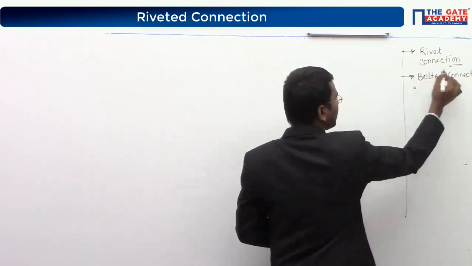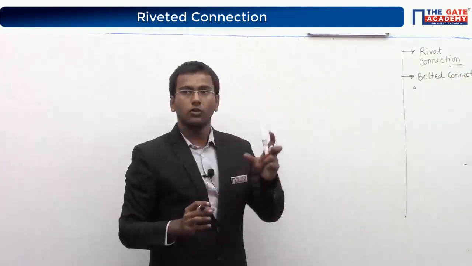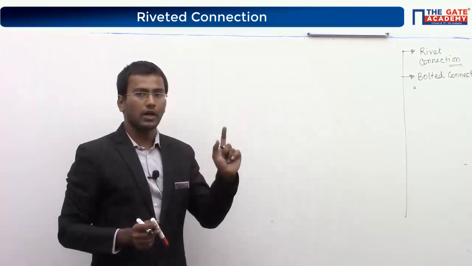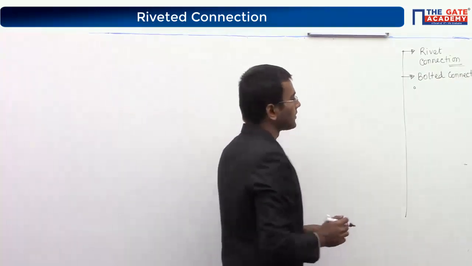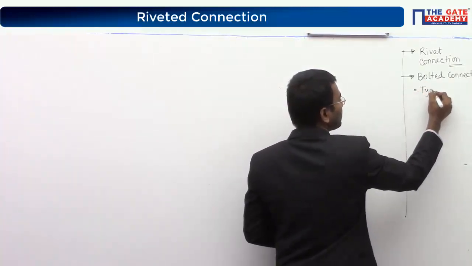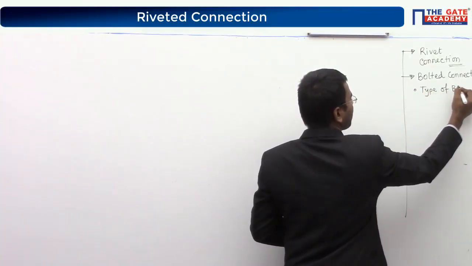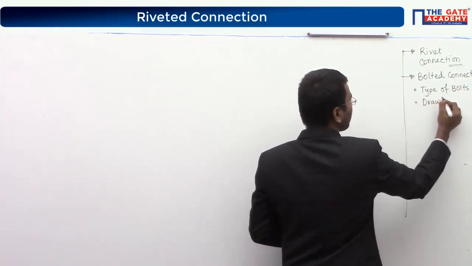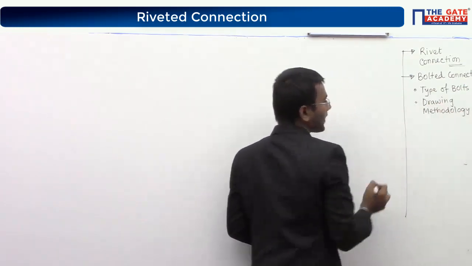After that, in these bolted connections, there are a lot of subparts. There are small subtopics under the bolted connection topic. So first one is nothing but type of bolts. Then we will discuss drawing methodology, or you can also say drawing terminology.